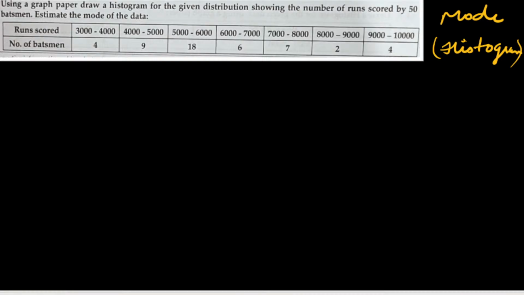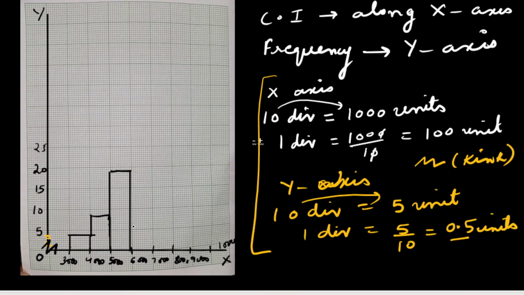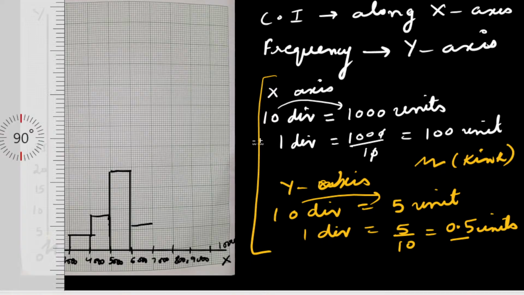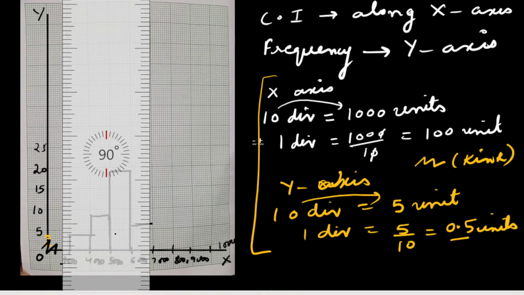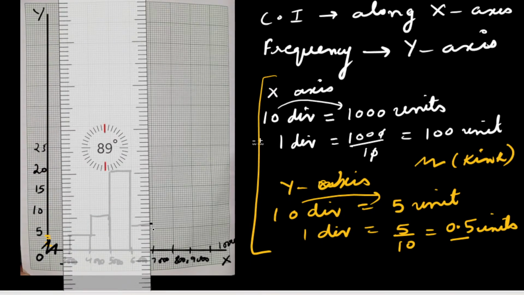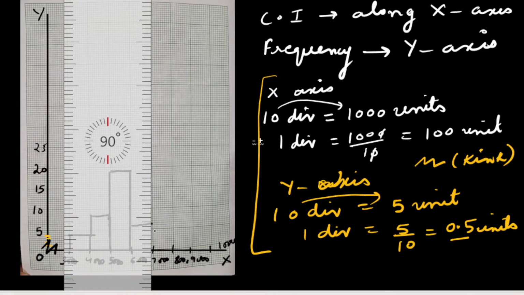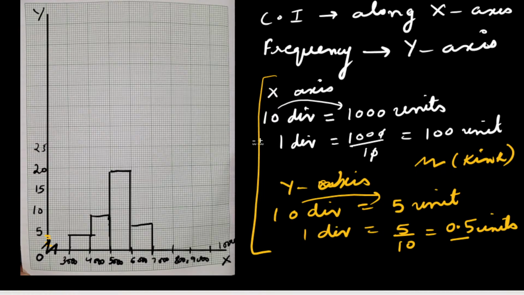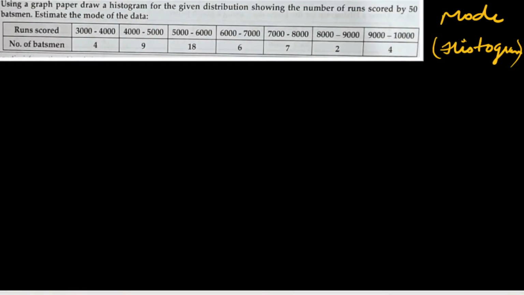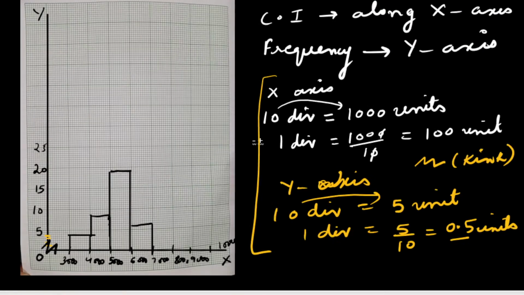The next one is 6. So 6 is 2 units above 5. All the lines you have to draw with a scale only. For me it's a little difficult, so the upper one I'm just drawing freehand. Then 7000 to 8000, it's 7. 7 is just 4 units above 5.